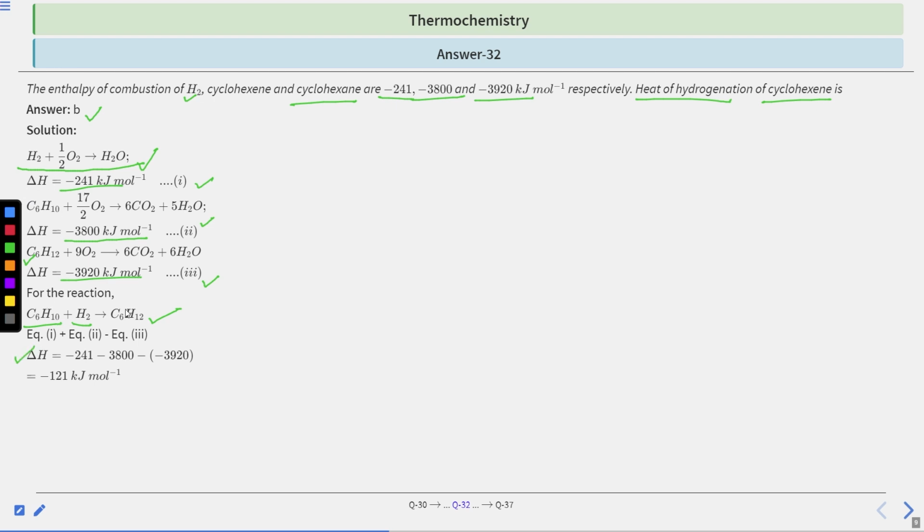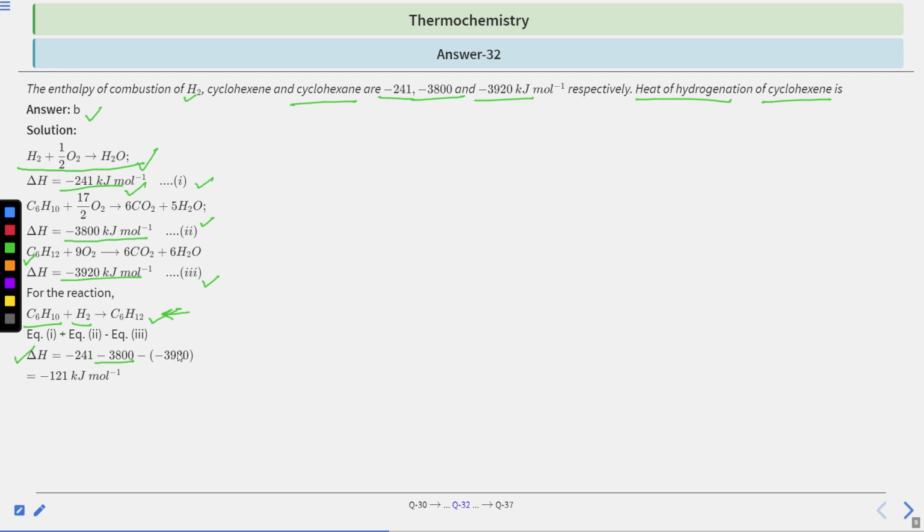So the final enthalpy for this reaction will be equation first enthalpy, which is minus 241 kilojoule per mole, plus equation second enthalpy, which is minus 3800 kilojoule per mole. So plus minus will become minus, and minus equation third enthalpy, which is minus 3920, in the bracket, because it is in negative sign, right?